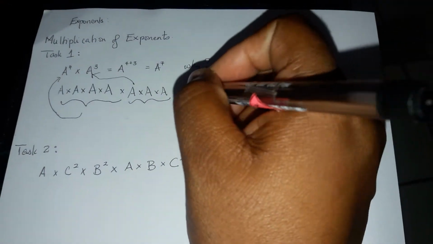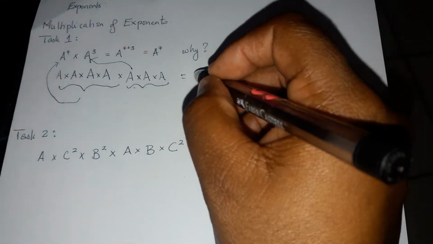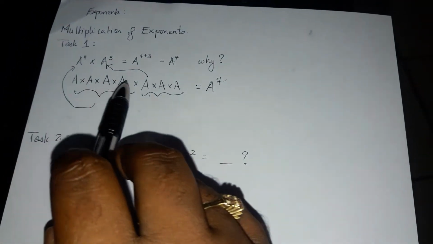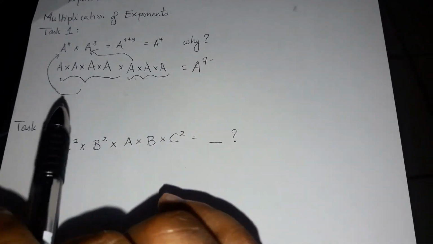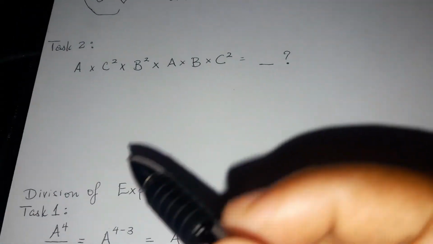So this section corresponds with that. If you add them up, you go 1, 2, 3, 4, 5, 6, 7. So instead of writing them out like this, you would just add them as shown here. So that's why.